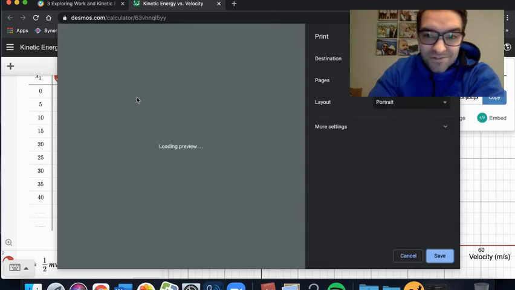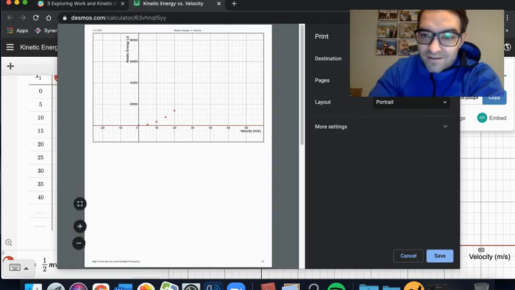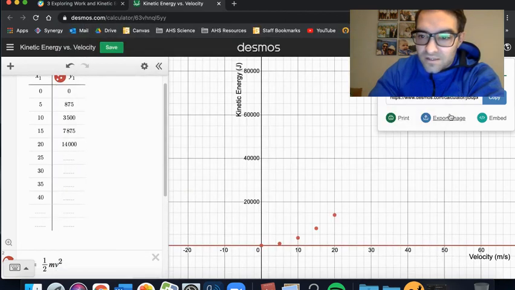It's going to give you a little picture preview that you can save in Google Drive. You can save as a PDF, but you can see that's an image. You can export image as well.